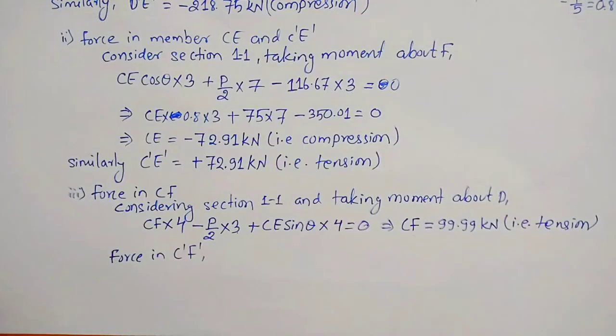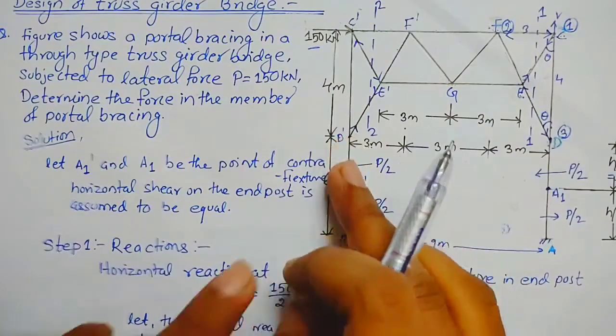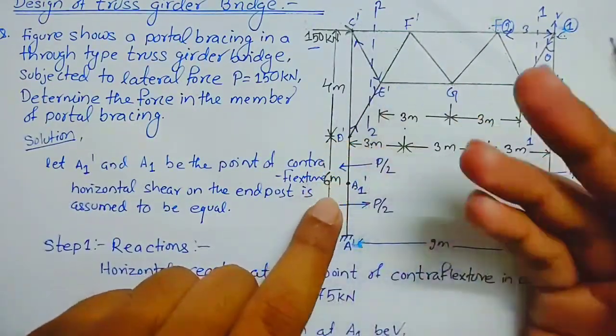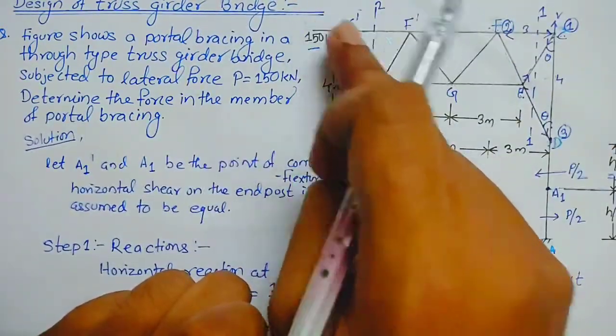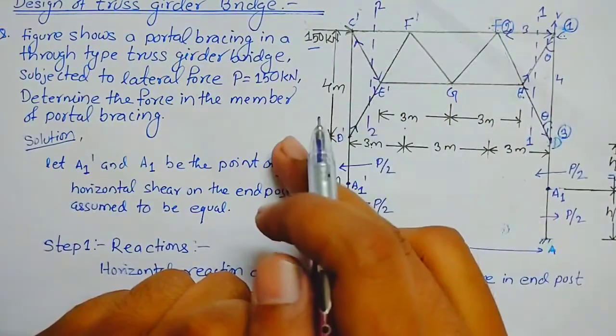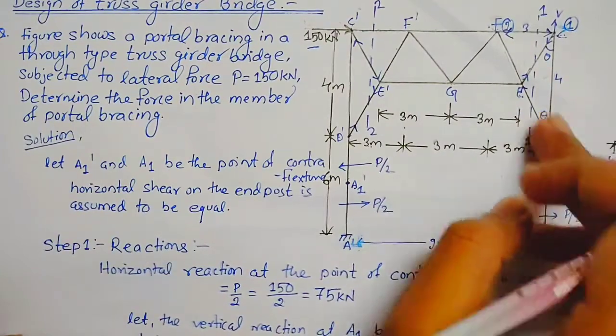That is the difference. So guys, first of all I am showing you the force which we will be taking along with the force in the member CF. So see here, CF is taking clockwise direction. This 150 kilonewton is taking clockwise direction, and this force is taking clockwise direction, and the vertical reaction at A is taking anti-clockwise direction.